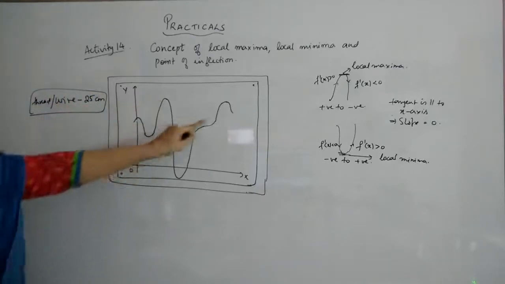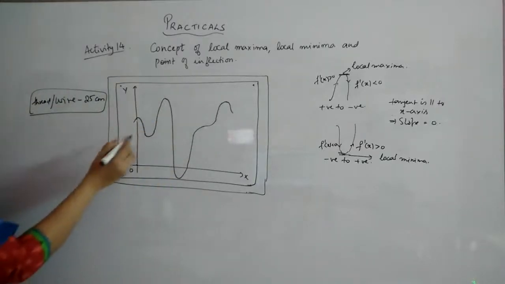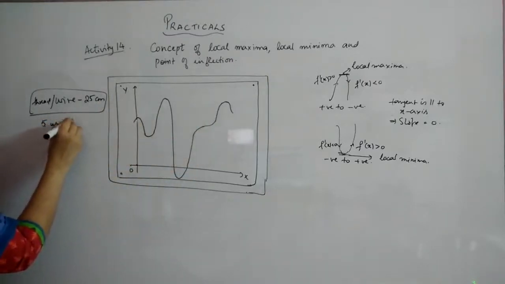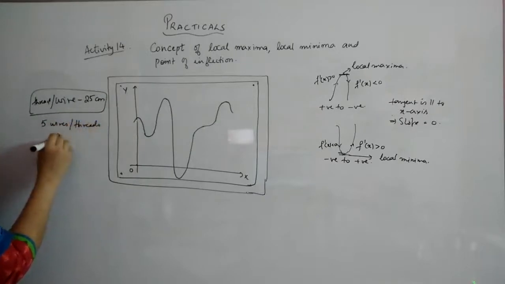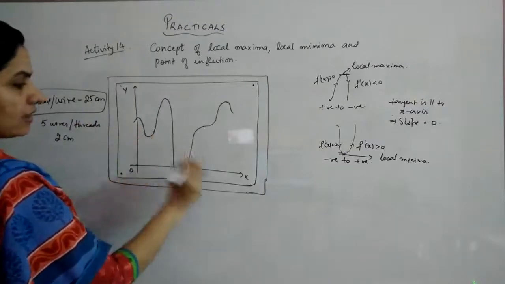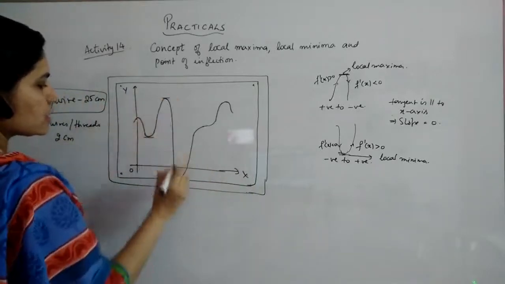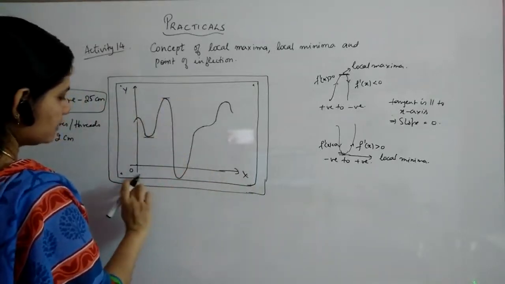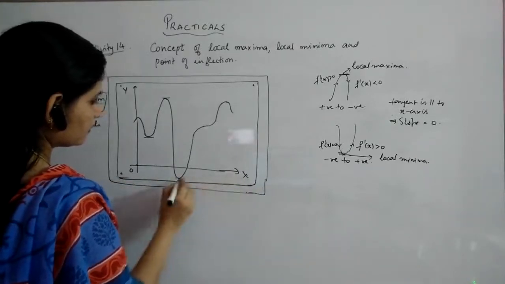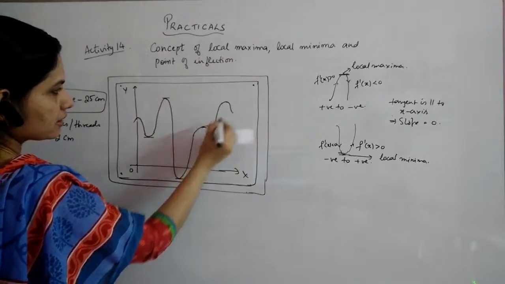We just attach it to the paper using glue, and then we will take 5 wires or threads of 2 centimeter, small pieces of thread, and attach them parallel to the x-axis. Like this, 2 centimeter wires are fixed here, and here we are taking a point, there also we are attaching like this.